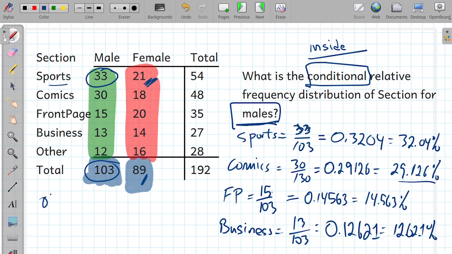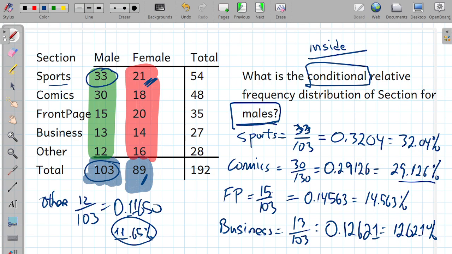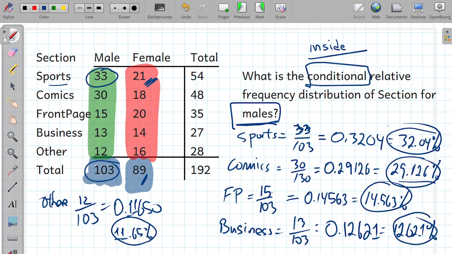And that's almost going to be the same because the numbers are almost the same as they tend to be. And it's 0.11650. So this is 11.65%.